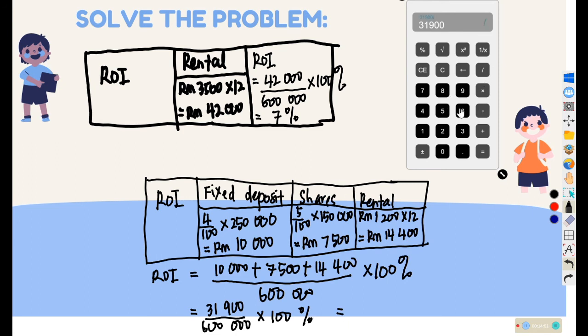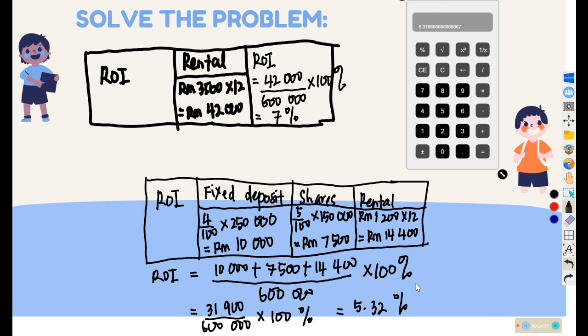Divide by 600,000, times 100%. So the ROI is 5.32, please round off the number. Okay, 5.32%. So which one is the wise investor?